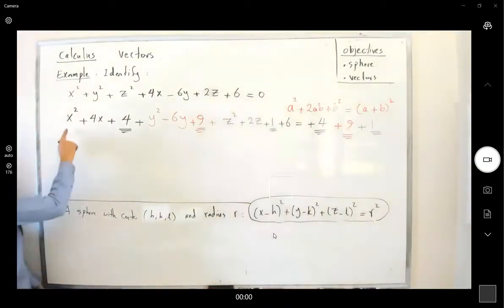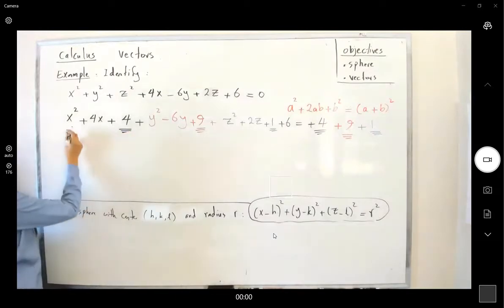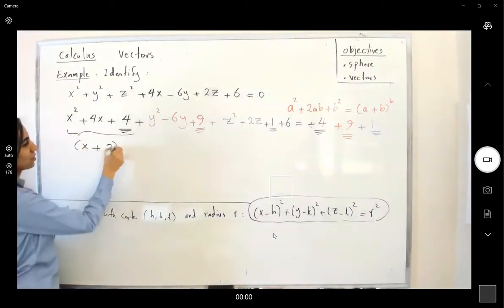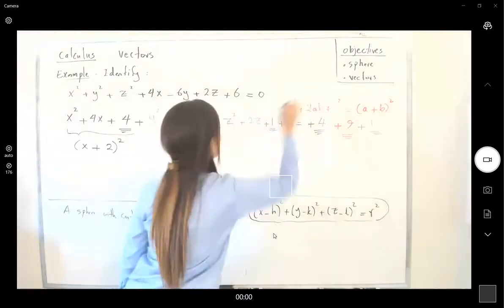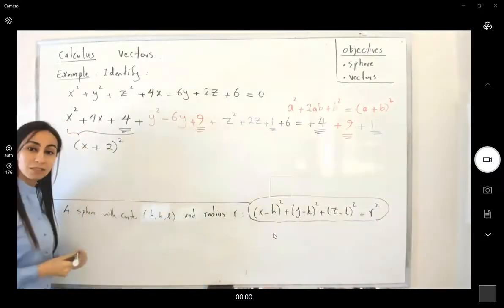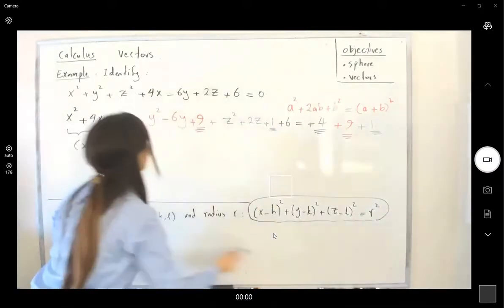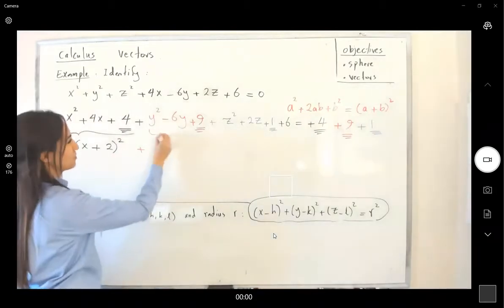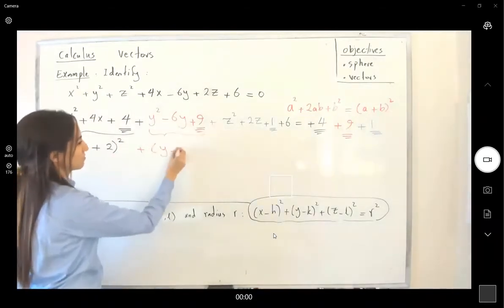Well, we group these three together and we have x plus 2 squared. We group these three together, we have y minus 3 squared.